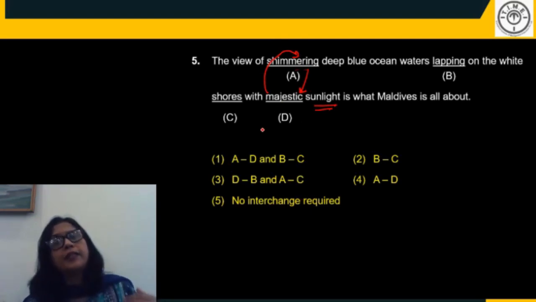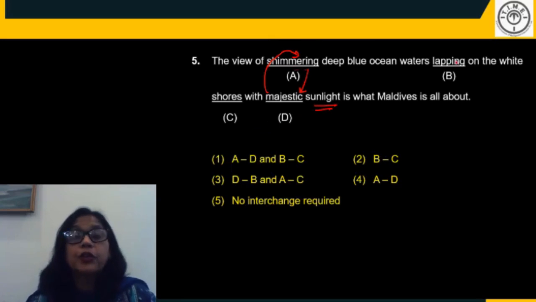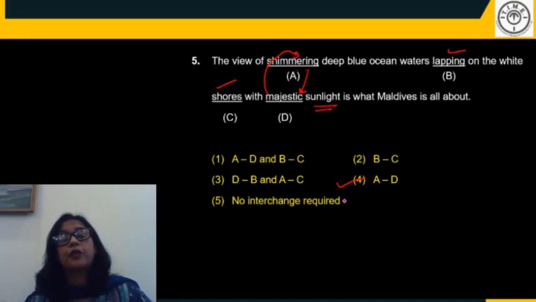The view of majestic deep blue ocean waters lapping on the white shores. So lapping is correct, shores is correct, B and C are in the correct place. A is wrong, B is correct. So we have our answer clearly as the fourth option, AD. Eliminate the options where A is wrong and B is correct.